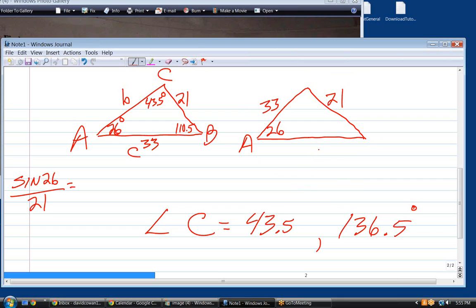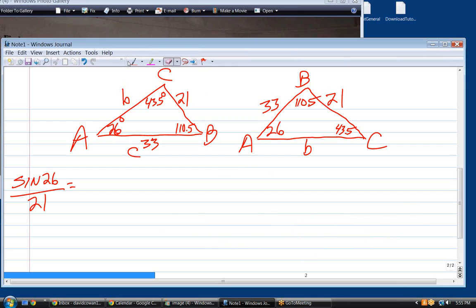So let's see. We figured out in the first case that this could be 43 here, which made this 110.5, and that was angle C, and that was B. And we solved for little b. Okay? In the second triangle, let me draw it down here, 136.5.